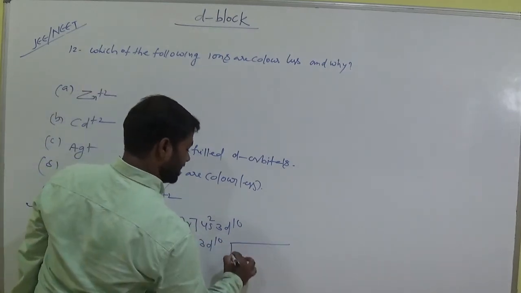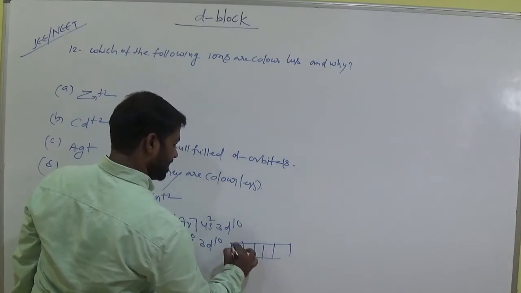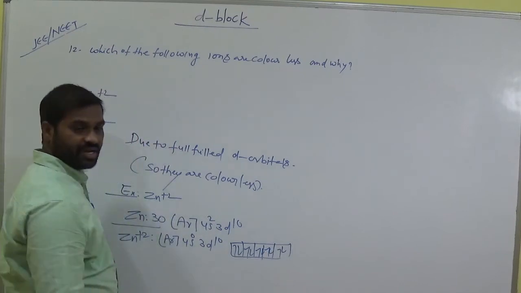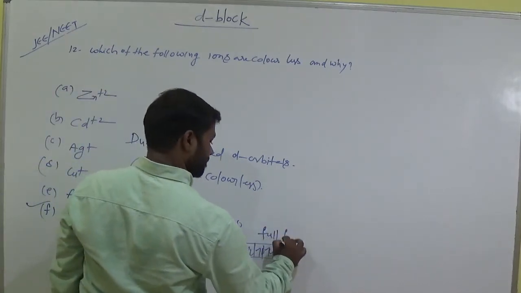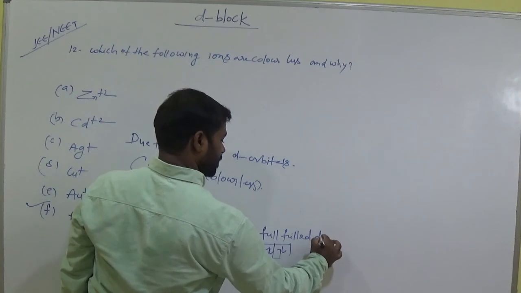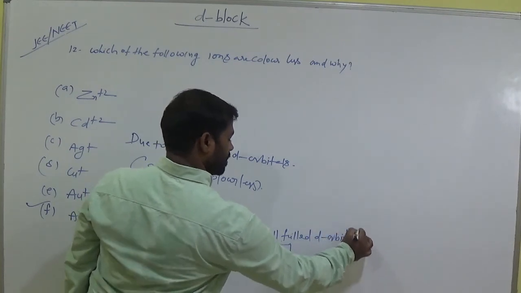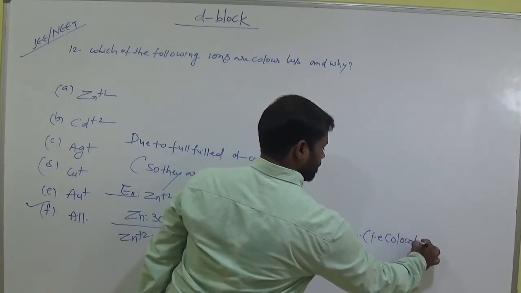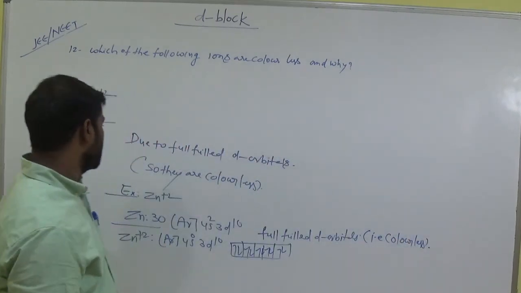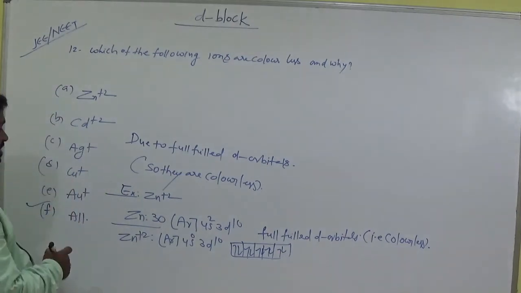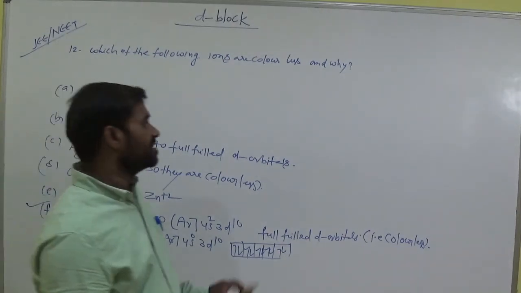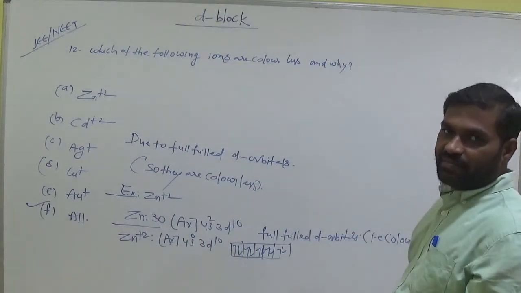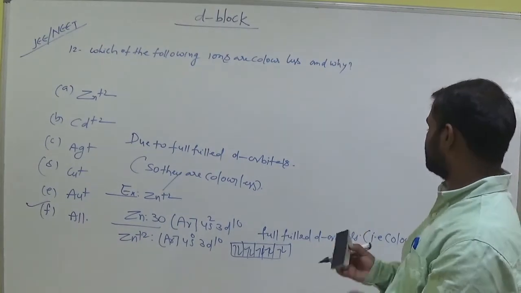So 3d10 means it has completely filled d orbitals. There are 10 electrons in 3d. That means colorless. The same phenomenon takes place for the others also. So all are correct. These are all colorless. Why? Due to empty d orbitals or completely filled d orbitals.